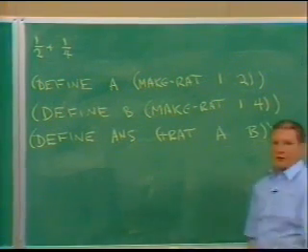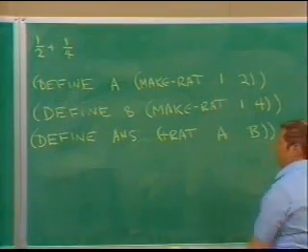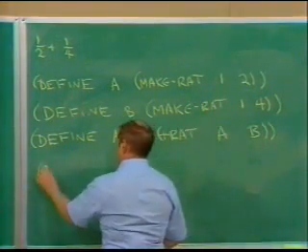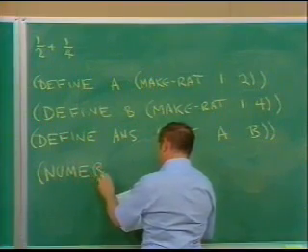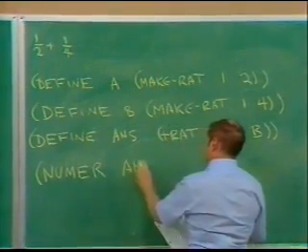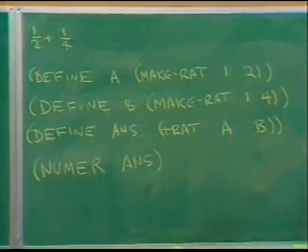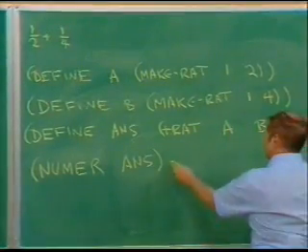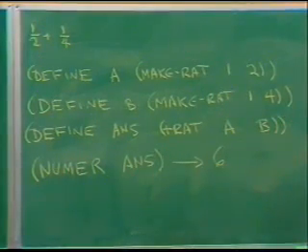What are the numerators and denominators of the answer? So if I'm adding 1/2 and 1/4, I'll say, what is the numerator of the answer? And the system is going to type out, well, 6. Bad news.